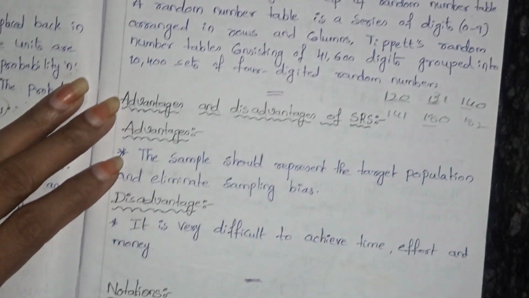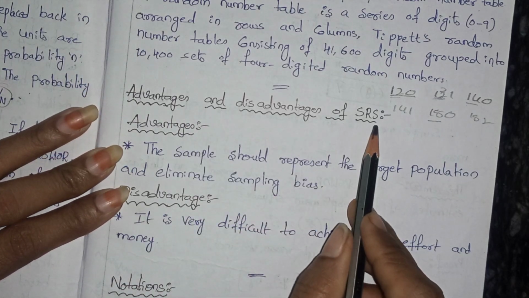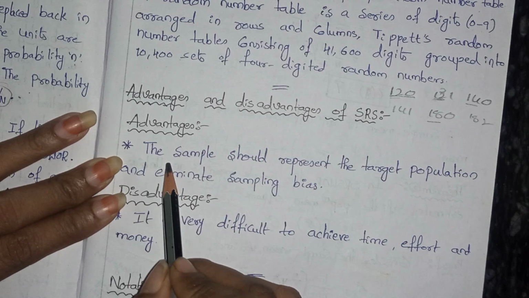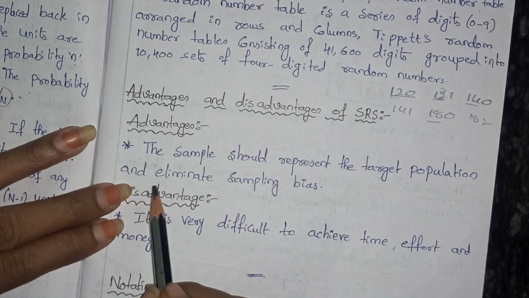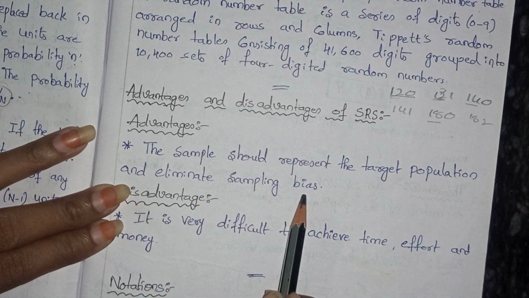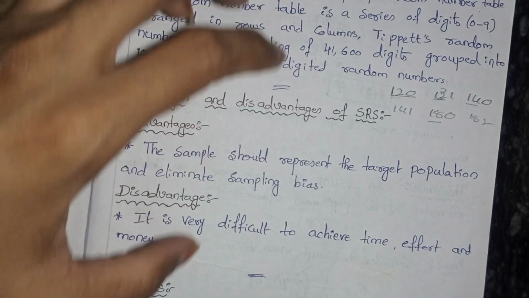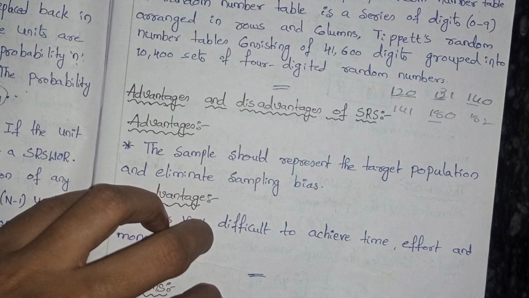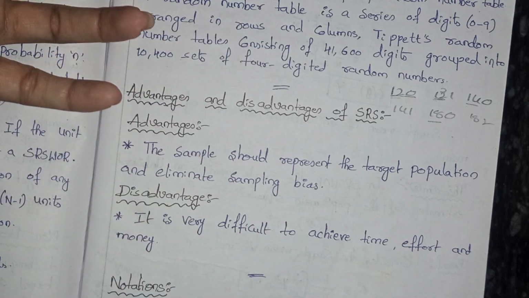So next, advantages and disadvantages of SRS. Advantages: the sample should represent the target population and eliminate sampling bias. So here from the population only we will select samples. So all these samples together, what do they form? The population.